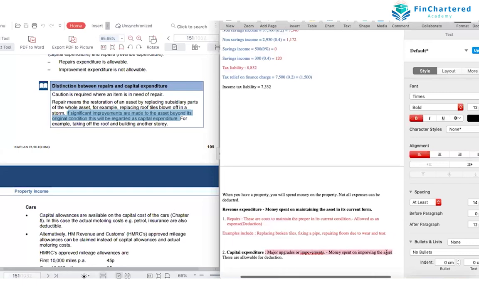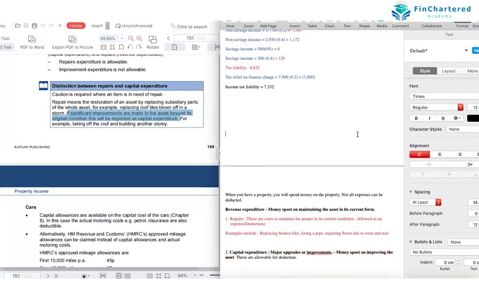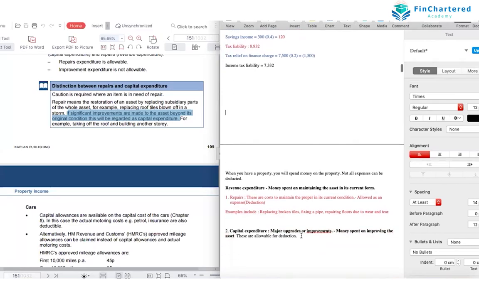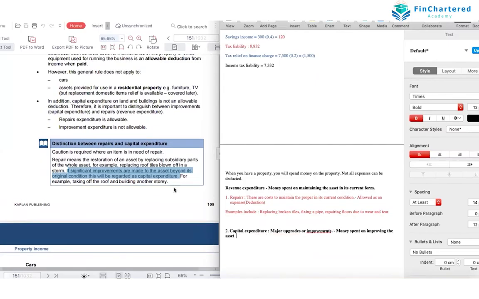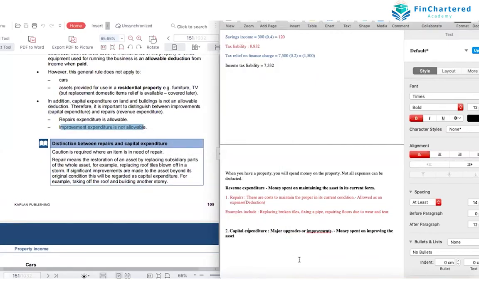They are deductible. Sorry. Wait, did I say they are deductible? These are allowable for deduction? No. They are not allowable for deduction. Right? I think I mentioned it here. These are not allowable for deduction. Probably it was a spelling mistake or a typing error.